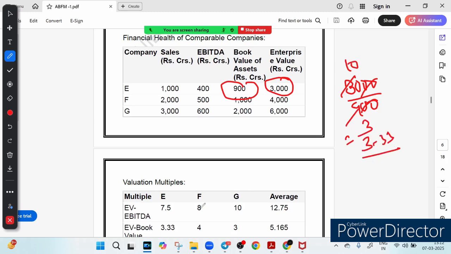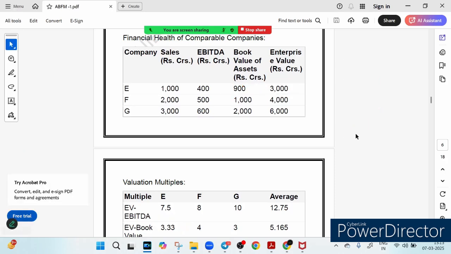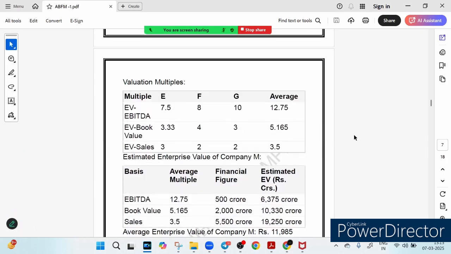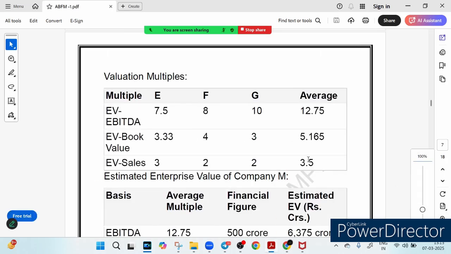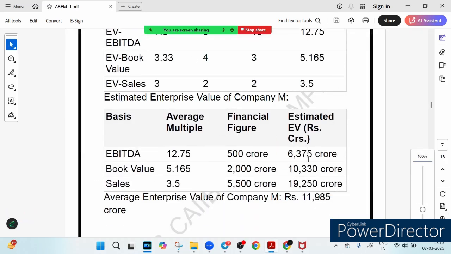Now let's switch our focus to calculating the enterprise value for company M. Let's value company M using the average multiples, right? You see these values we have put here: EBITDA, book value, and sales.